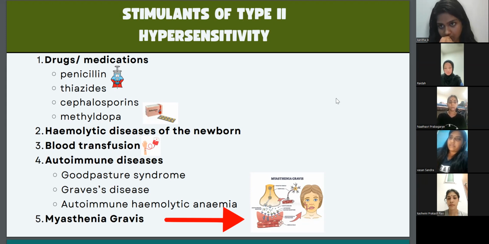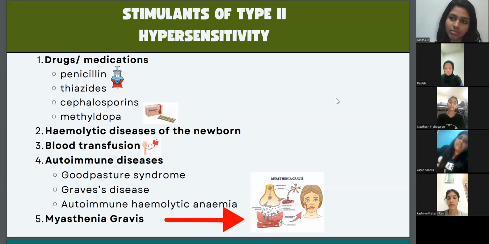The immune system of the mother produces antibodies against the Rh positive fetus. The third stimulant is blood transfusion, which happens because of mismatched red blood cells. These can be rapidly destroyed by specific antibodies and complement. Cell injury is often caused by opsonization and recruitment of inflammatory cells.